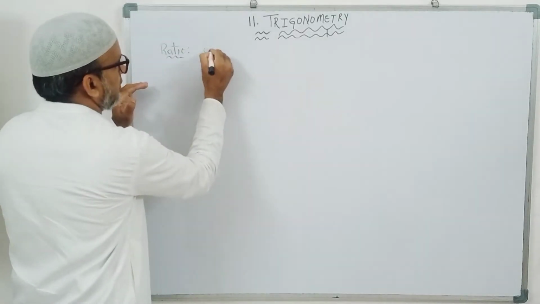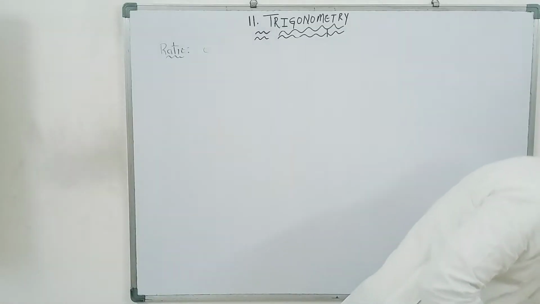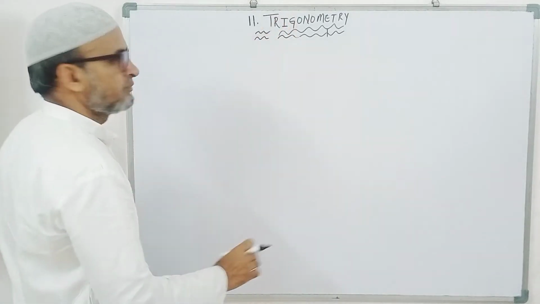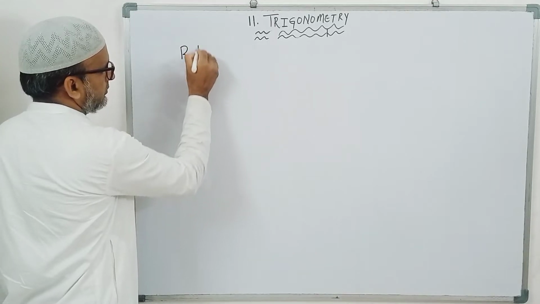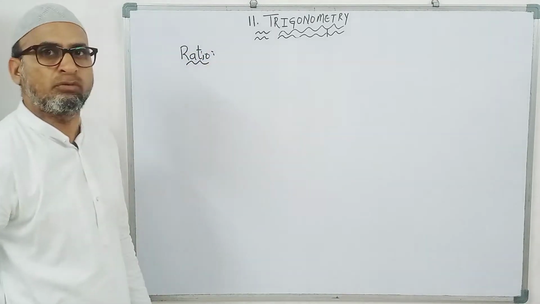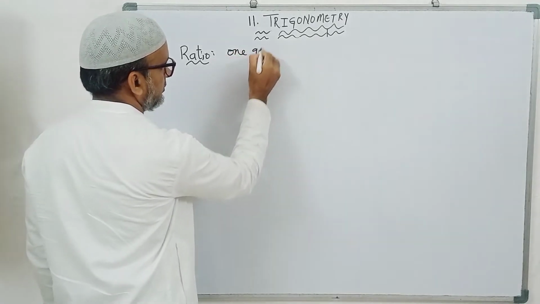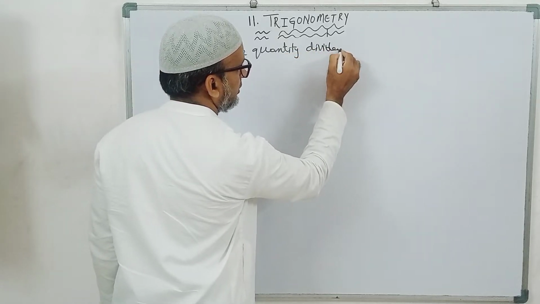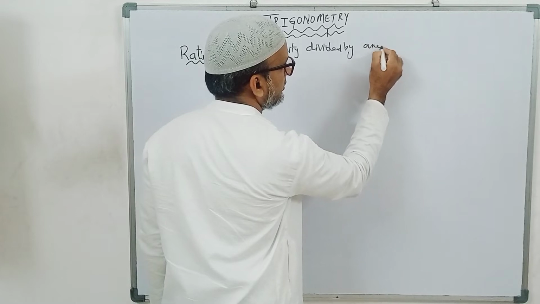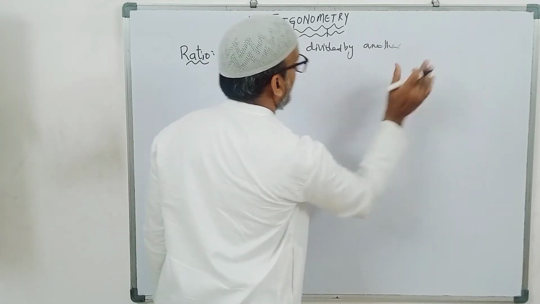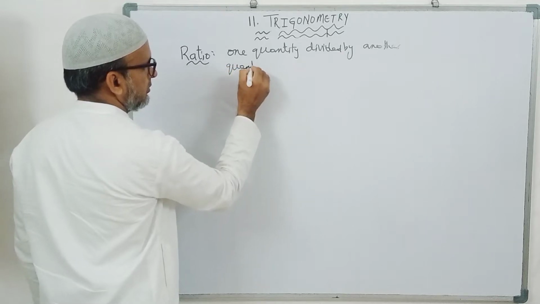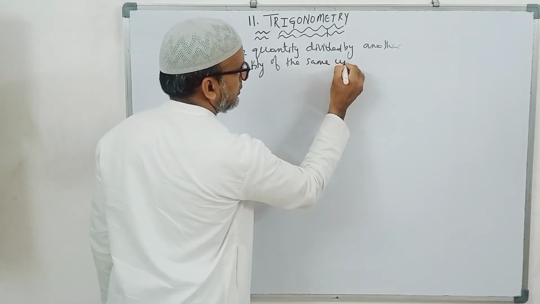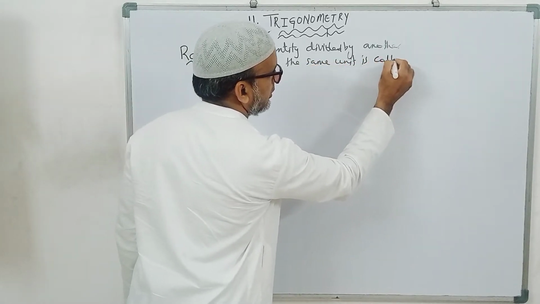Ratio is nothing but one quantity divided by another quantity of the same unit. That is called ratio.